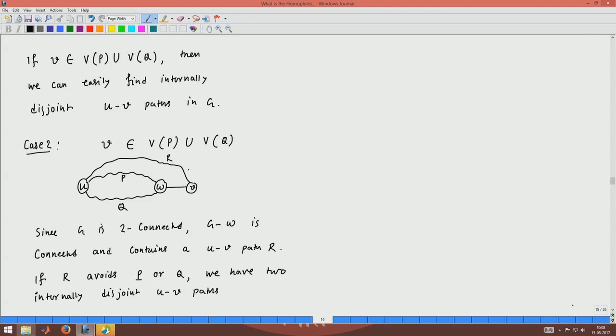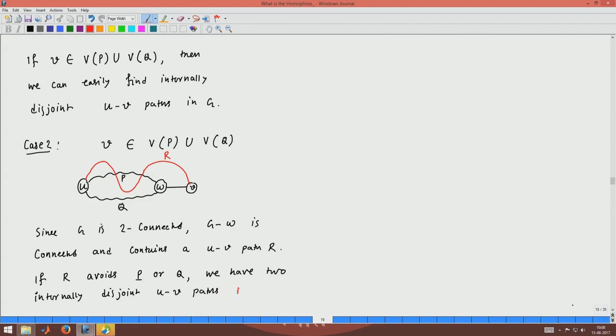Now, suppose R avoids one of them, not both of them. Suppose R is like this. So, R intersects with P, then this is my R and then also I can have two internally disjoint UV paths.